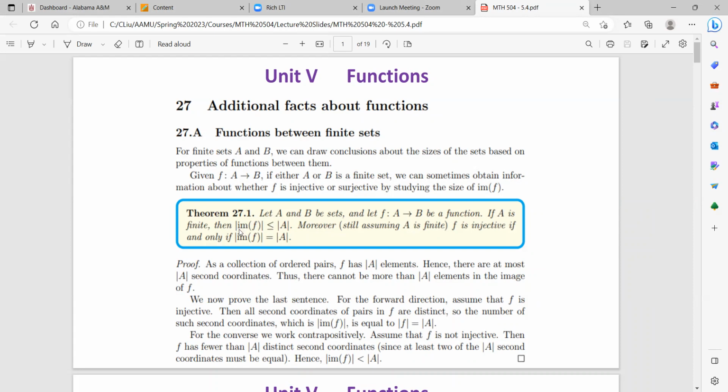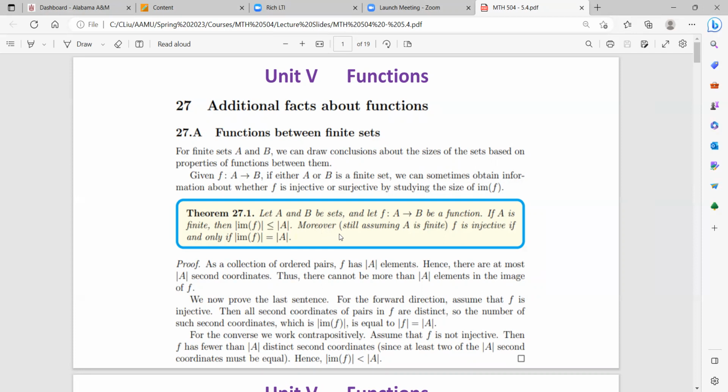And the image of f includes all the elements in B, in the codomain, that are mapped from set A. So that's another set, a subset of B, so we can talk about its size, or cardinality, also.